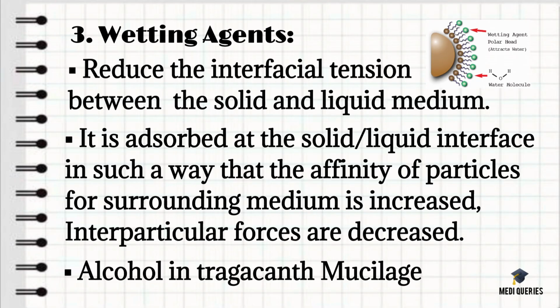Okay, for example, alcohol in tragacanth mucilage, glycerin in sodium alginate or bentonite dispersion, and polysorbate in oral and parenteral suspensions. Here the excessive usage of the wetting agent may cause foaming or may give a bad taste or odor to the suspension.